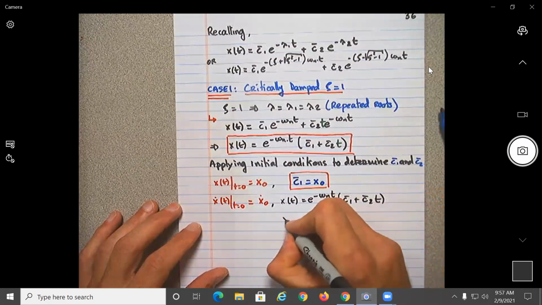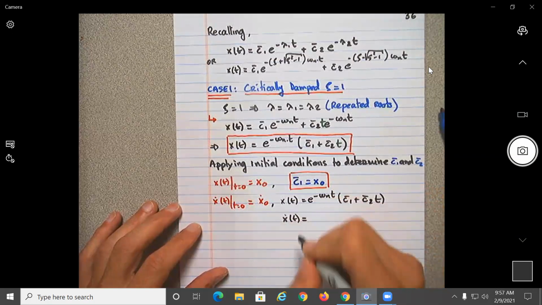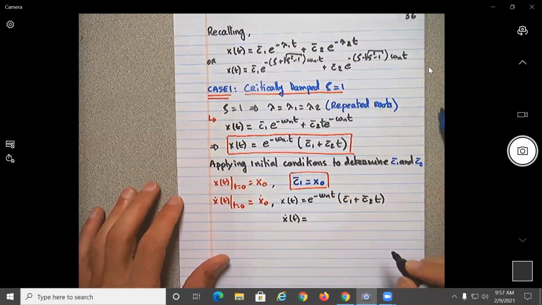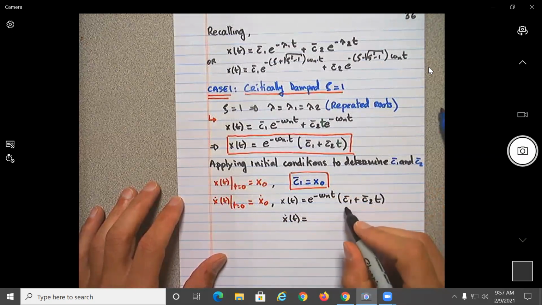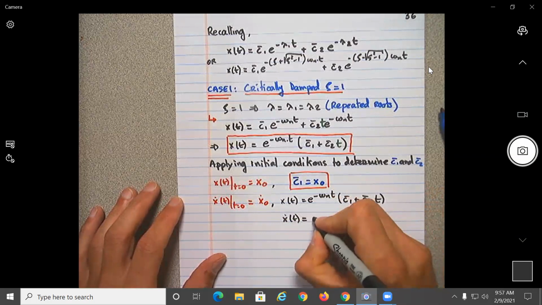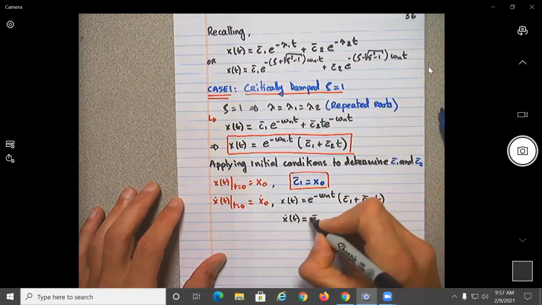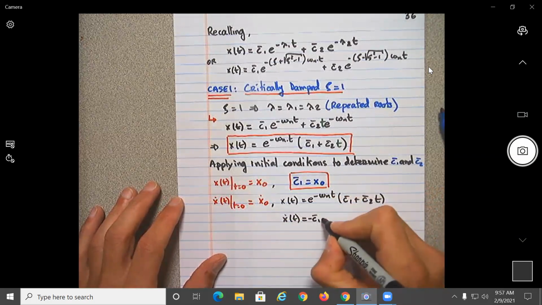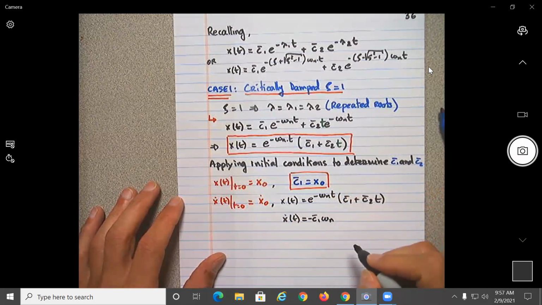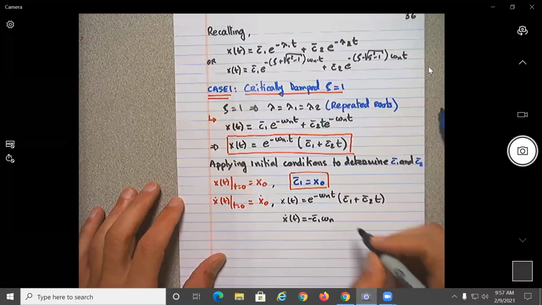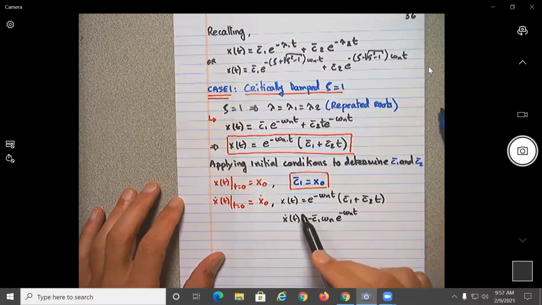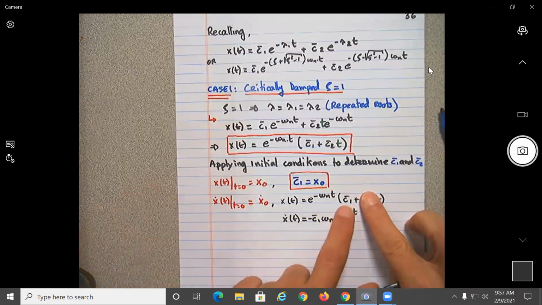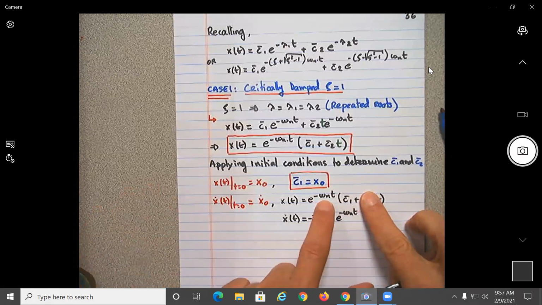So x dot of t will be equal to what? Let's expand: this will be equal to c bar 1, and we put the minus omega n, exponential of minus omega n t. I hope you see what I'm doing. Multiply these two together, and then you take the derivative, which will be c1 times minus omega n times this one.